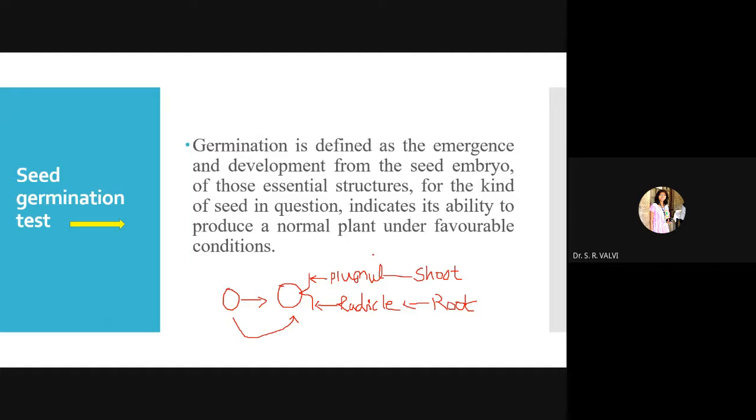For example, other favorable conditions: temperature, environmental condition, moisture, light, water. All these conditions are required to germinate seeds successfully.